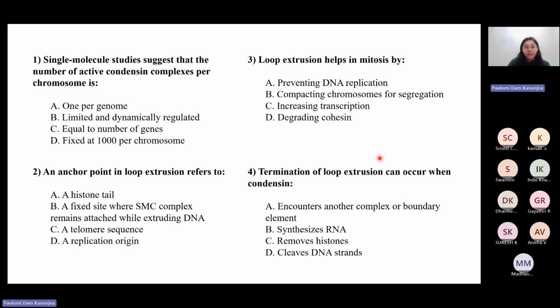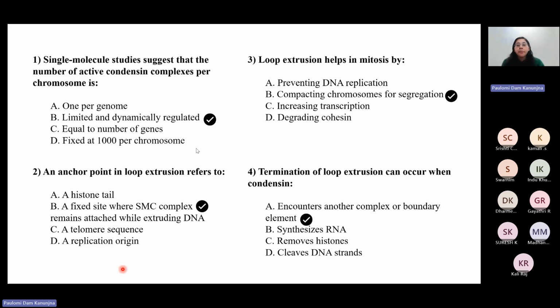Okay, let me give the answers so that we move quickly ahead. The first one is single molecule studies, which is how you get to the nitty-gritty of these methods: you take a single molecule and study it in detail, right? Single molecule studies suggest that the number of active condensin complexes per chromosome is limited and dynamically regulated.